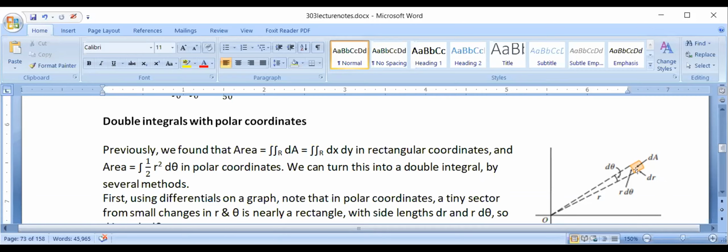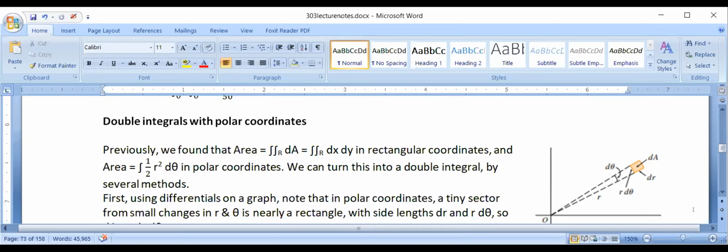From your little change in r, you've got a side length of dr. And from your little change in theta, notice that the length on the graph of this side is actually going to depend on what r is. Just recall from trig and circle geometry that your arc length, for a change in angle, is r times theta.